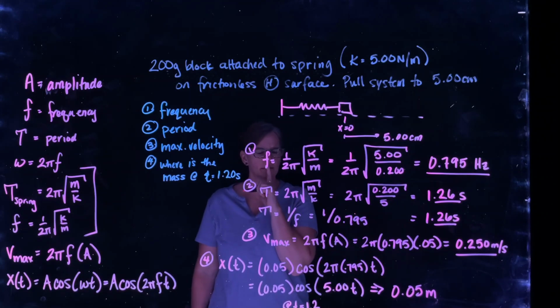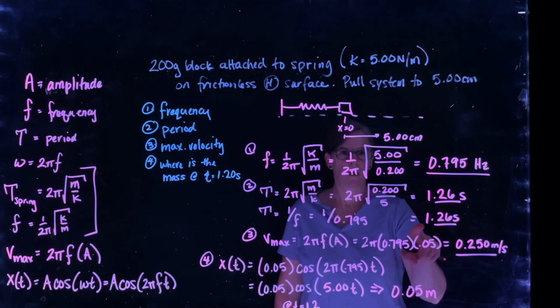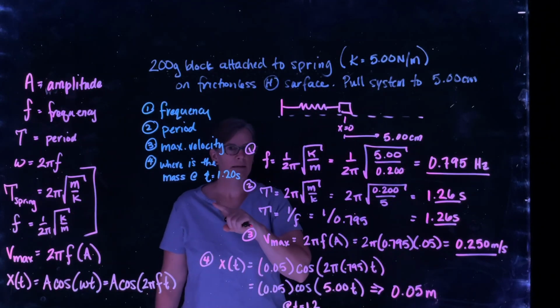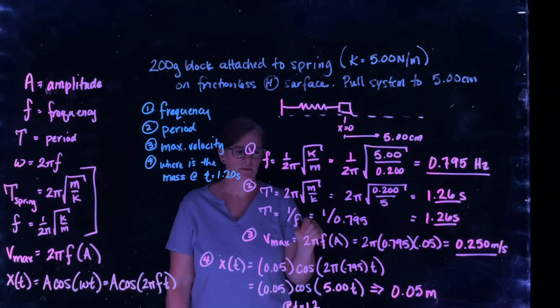Does that make sense? Well, if a period is 1.2 seconds, I'm making that full cycle in 1.2 seconds, okay?